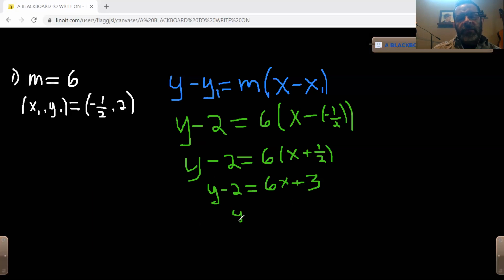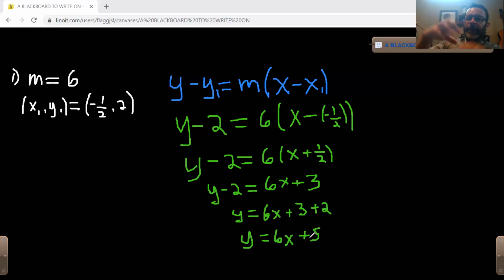And lastly, y is going to equal 6x plus 3 plus 2. And this is going to give me my equation, which is y equals 6x plus 5.